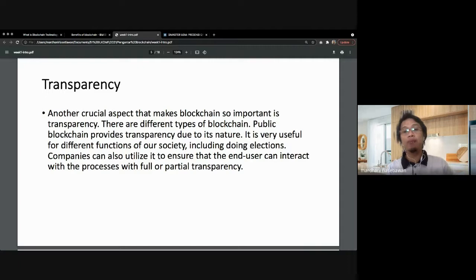So that's why we have the opportunity to set transparency by its nature. It can be based on the nature of the data, and also on the industry standard that we try to implement. So that is important.